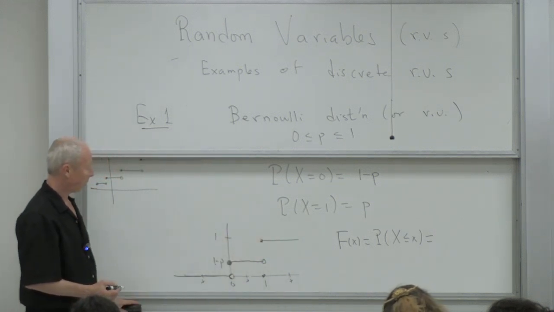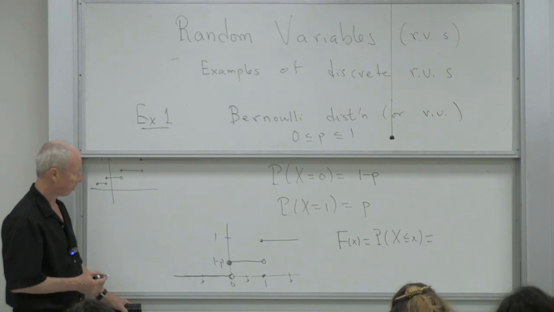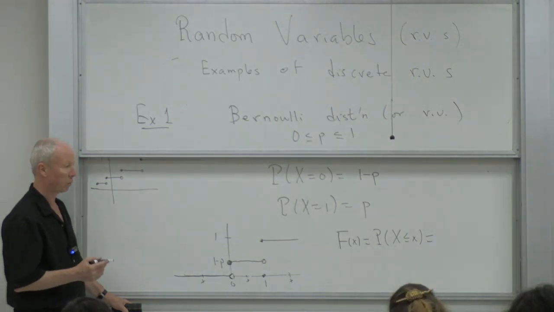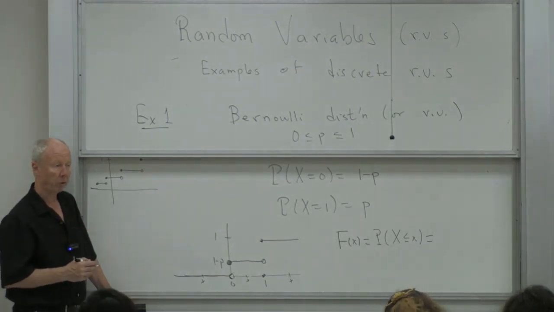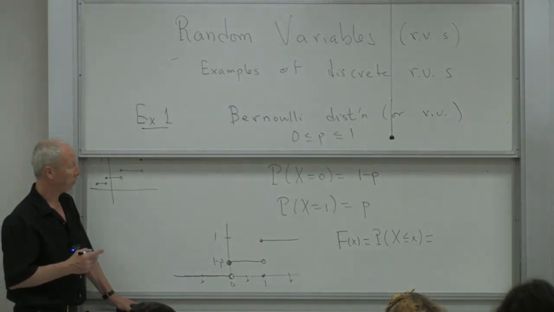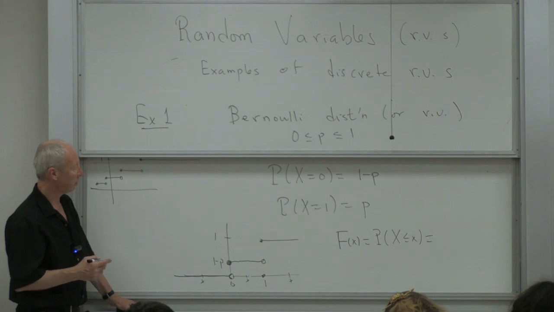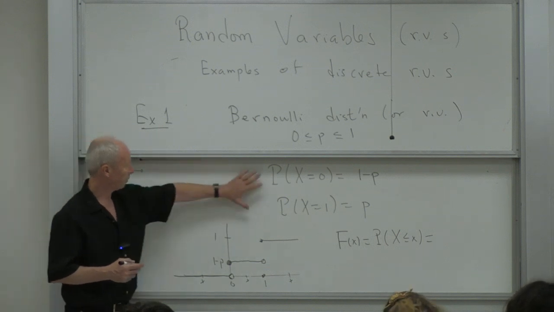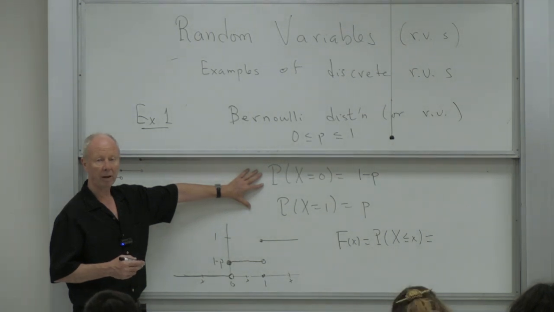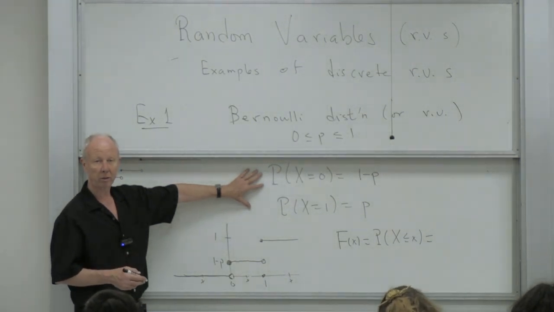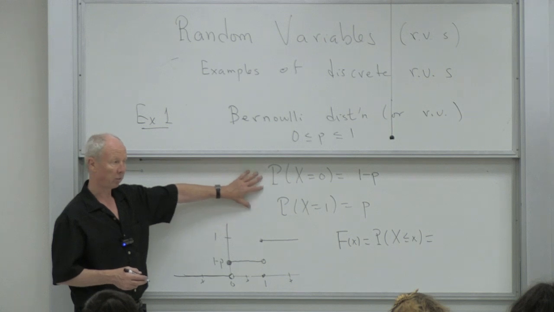So this is the distribution function, or CDF, cumulative distribution function for the Bernoulli random variable. Or we say Bernoulli distribution function. So if we call a random variable a Bernoulli random variable, we mean that it satisfies this. So we describe the random variable in terms of its probabilistic properties, or in terms of its distribution function. Okay?